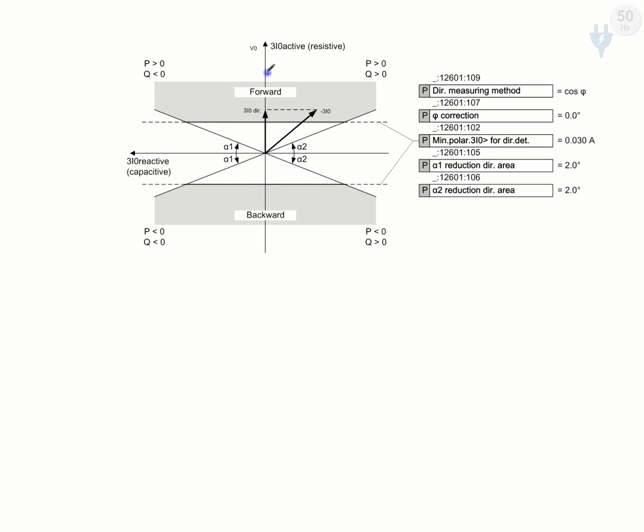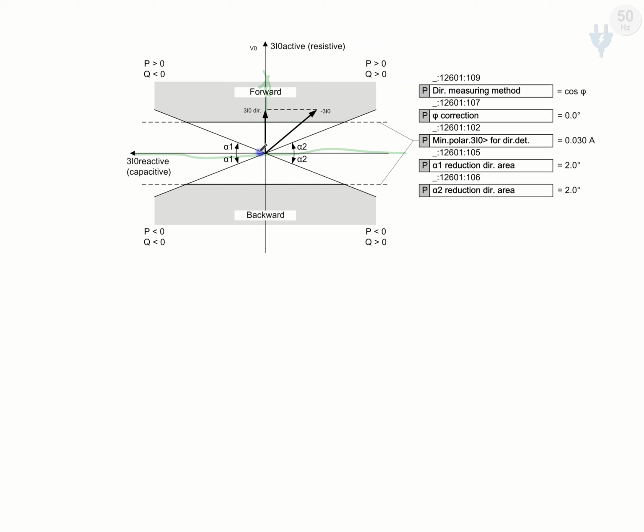In this example, the axes are drawn, and this one is our symmetrical axis, and these axes are the minimum polarization 3I0 for direction determination, so that whenever it increases beyond this, then the direction determination process will start.